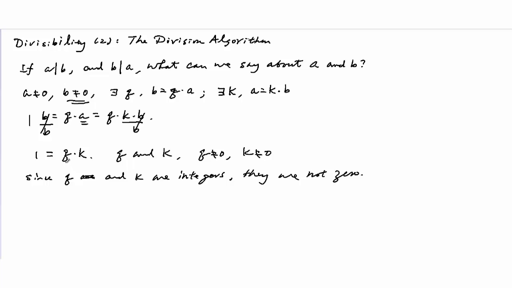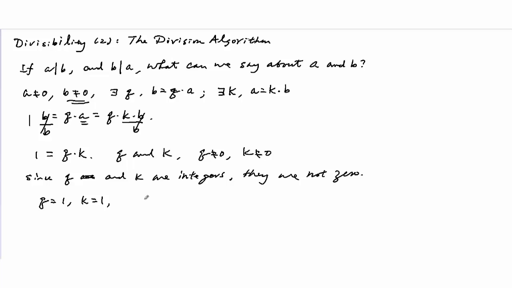If they are not 0 and they are integers, then the product needs to be 1, so Q needs to be 1 and K needs to be 1, so that 1 times 1 will be equal to 1, right? If not, then the next integer will be 2 or -2, something like that, and the multiplication will not be equal to 1. So Q and K must be 1, right?